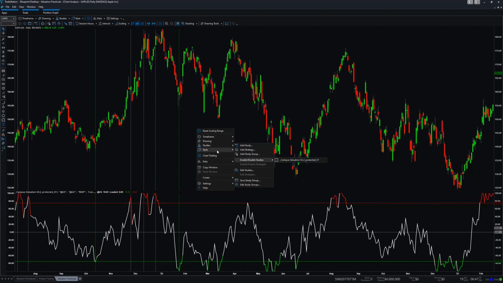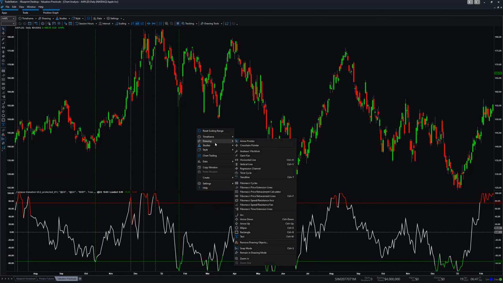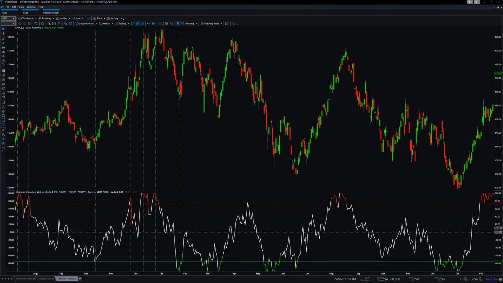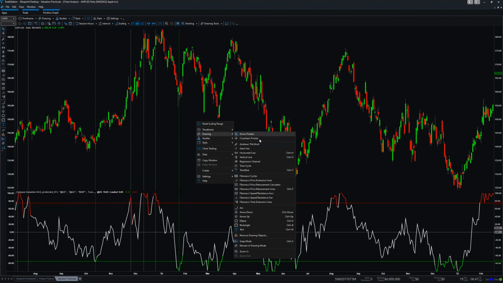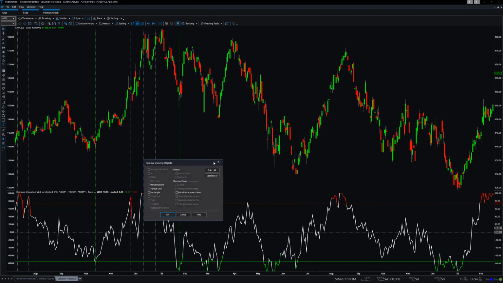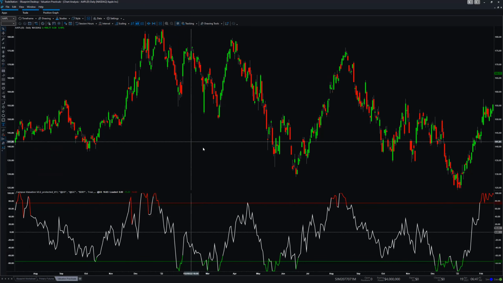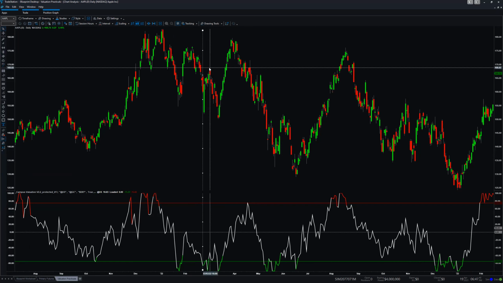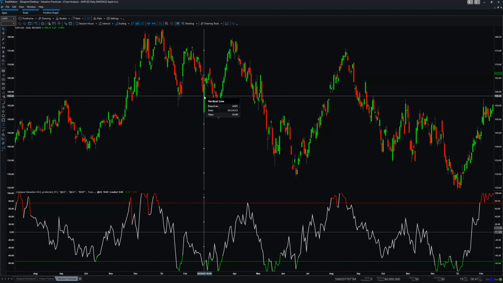Now the trend condition is going to change. So now we're in a downtrend. We're undervalued. Okay, you can say this works or this doesn't work.